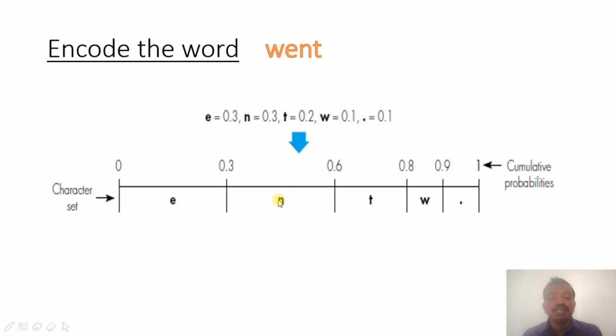Then N occurs with the probability of 0.3, therefore 0.3 plus 0.3 is 0.6. Then T occurs with the probability of 0.2, therefore 0.6 plus 0.2 is 0.8. Then W occurs with the probability of 0.1, therefore 0.8 plus 0.1 is 0.9. Then dot occurs with the probability of 0.1, therefore 0.9 plus 0.1 is 1.